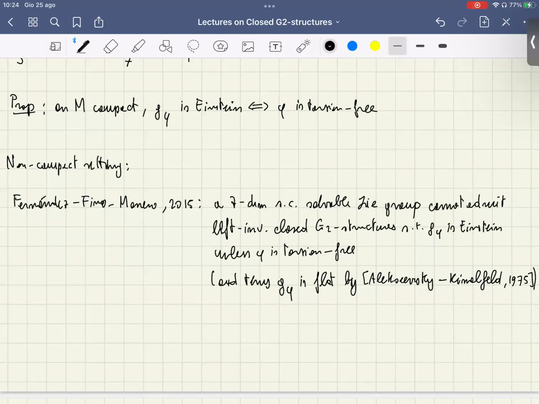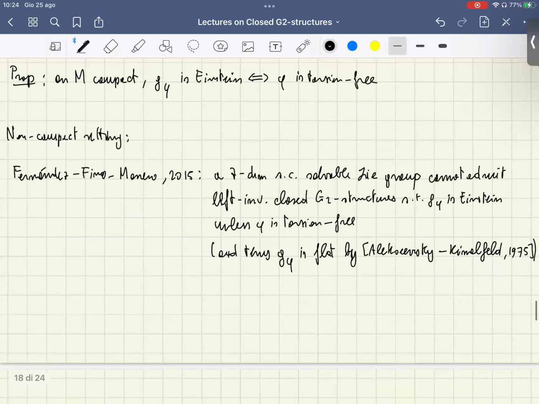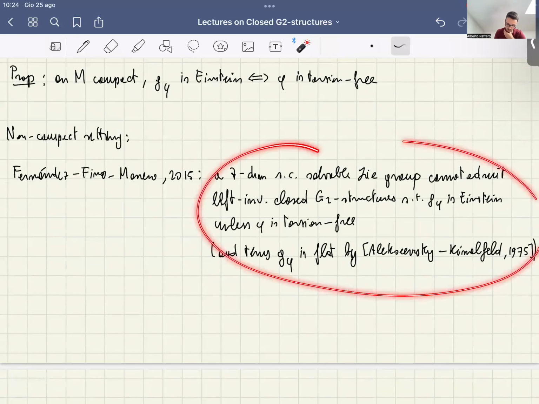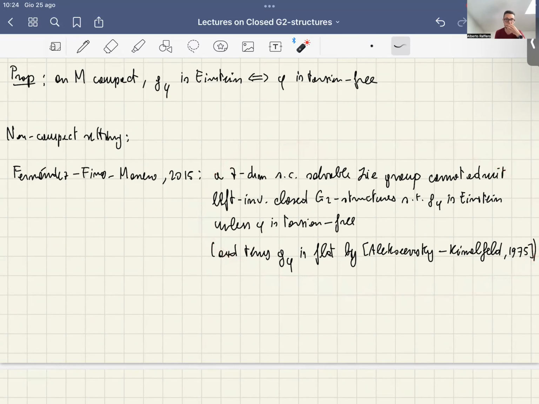And then this year, this conjecture was proved in full generality by Böhm and Lafuente. And you can find the paper on the arXiv. So this gives a complete answer in that setting.